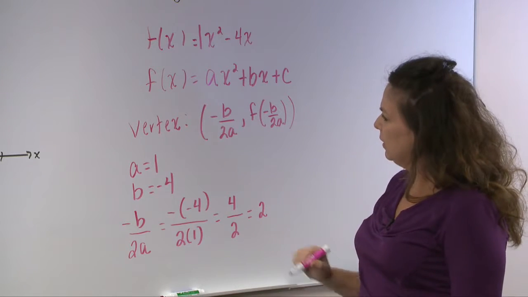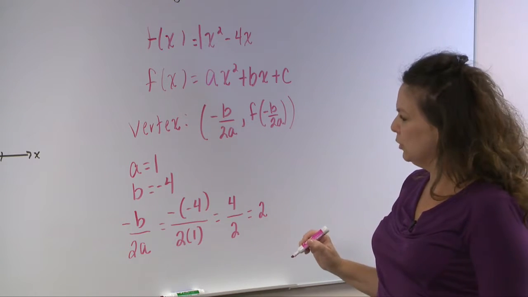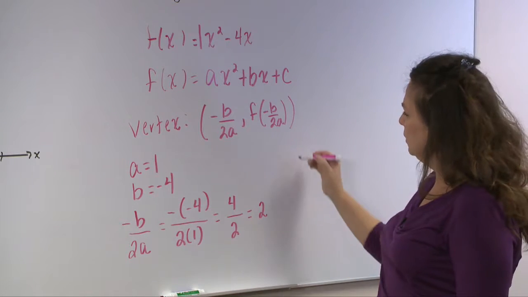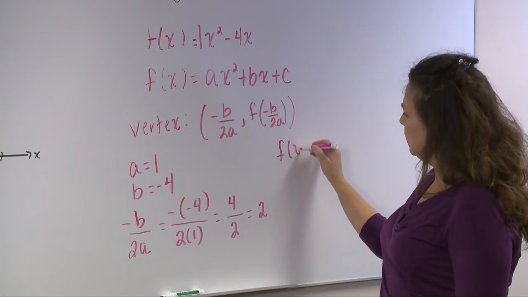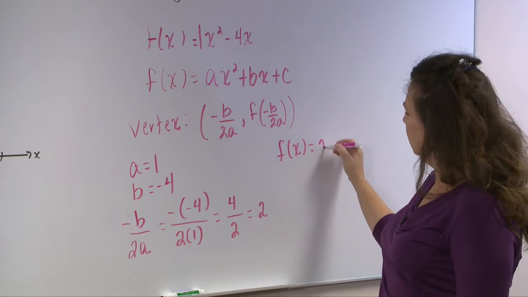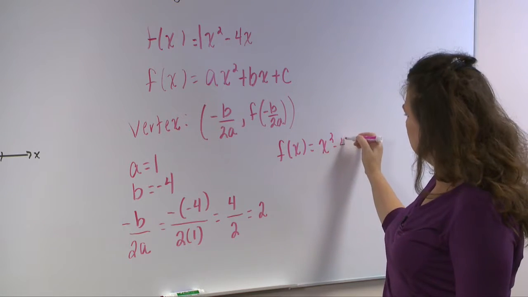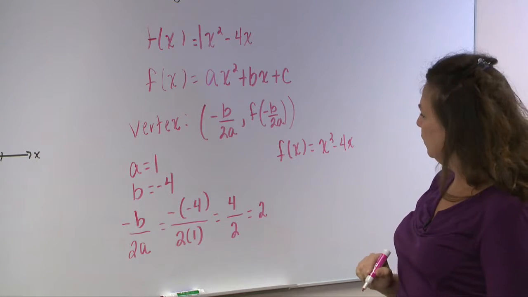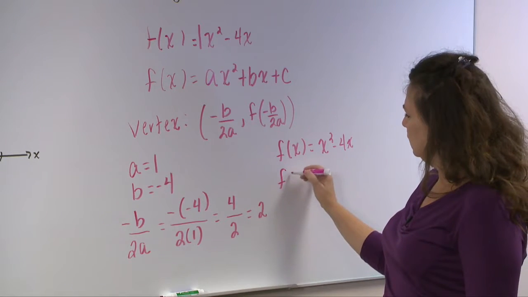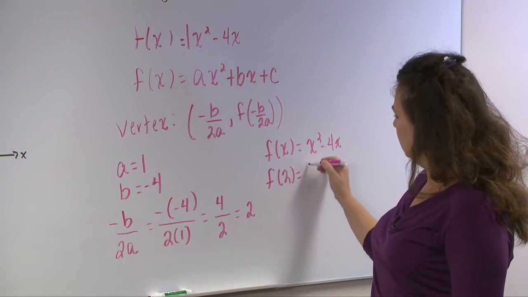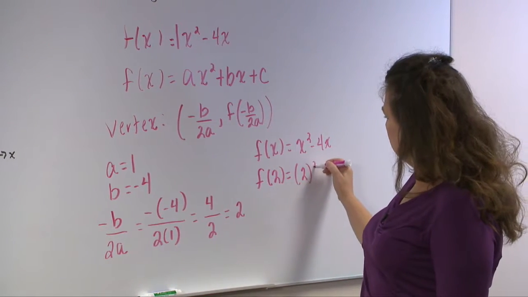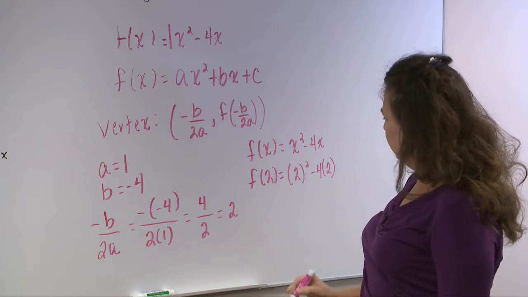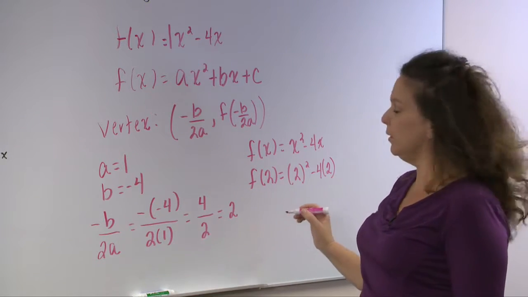Now, once I have the first coordinate, I'll take that first coordinate and I'll plug it back into the original function. So that is f of x is equal to x squared minus 4x. So I want to plug in a value of 2 here. So I have f of 2 is equal to 2 squared minus 4 times 2. I'm going to follow my order of operations.